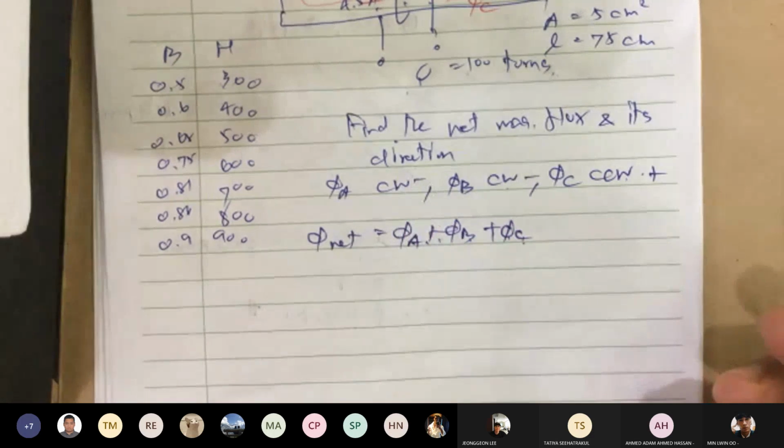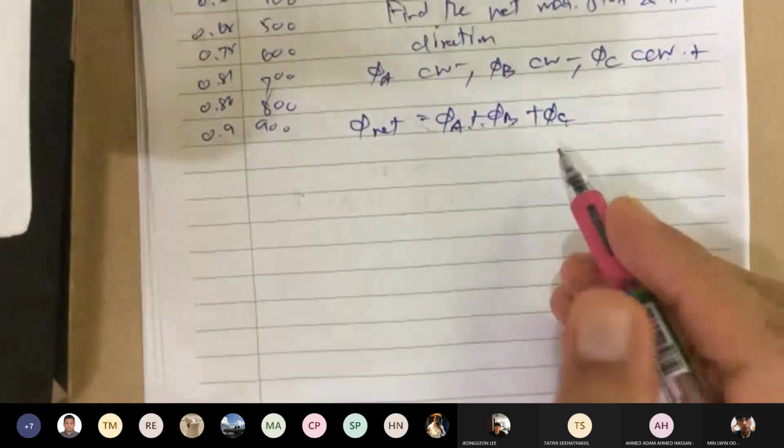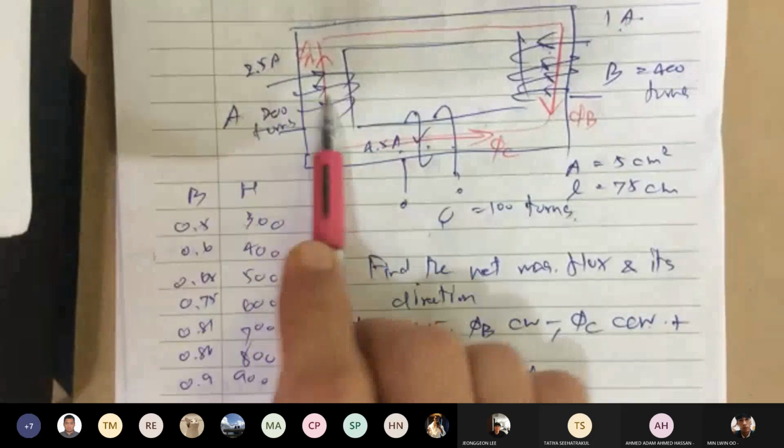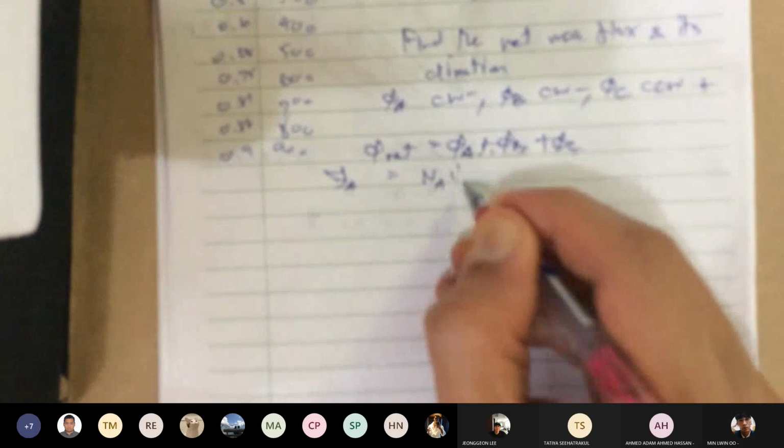Okay. Now, if we do this, we start out with the magnetomotive force, because each coil will give you ampere turns, right? So we say coil A is going to give you magnetomotive force A, which is N_A times I_A. Similarly, B would be N_B, the number of turns of coil B, times I_B.